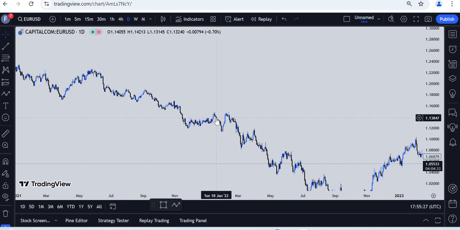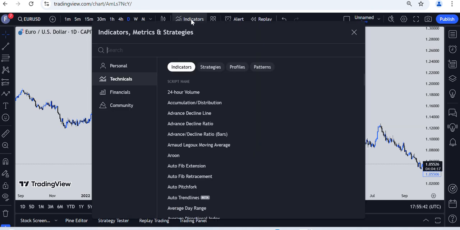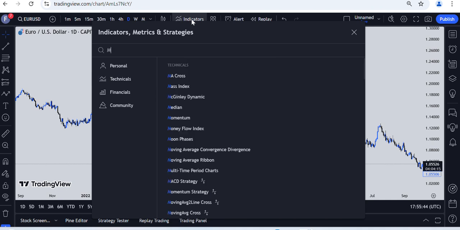For me, I don't need the indicator anymore. But for you guys, you need it so that you can see clearly. You come to this top here, you see indicators here. Click on it, right? We want to search for moving average.